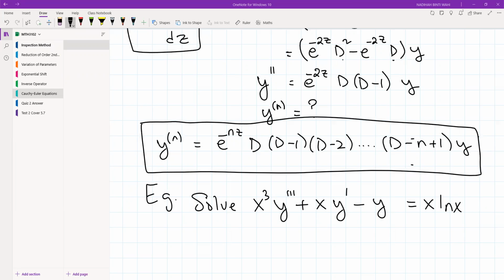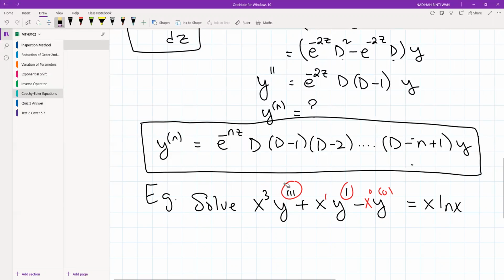If you look here, this one is of order 3, this one is of order 1, the first prime, and then you have x to the power of 0, the 0 derivative, which is y by itself.